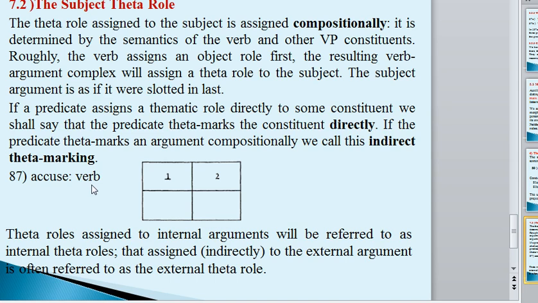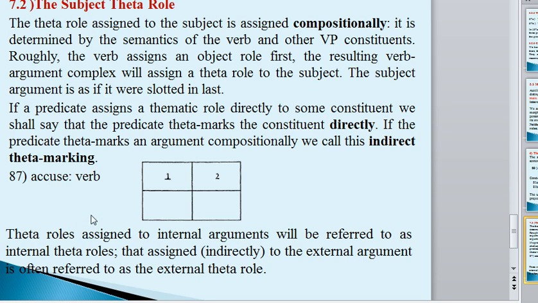So the verb directly theta-marks the object, but theta-marks the subject indirectly. If the predicate theta-marks an argument compositionally, we call this indirect theta marking.